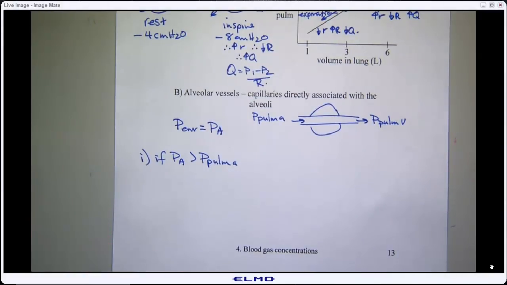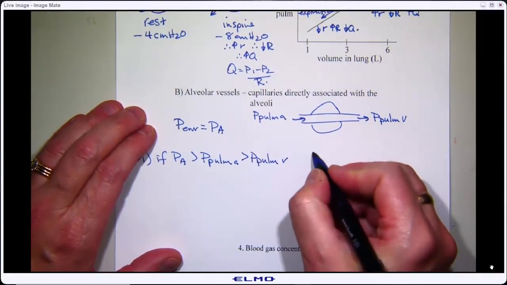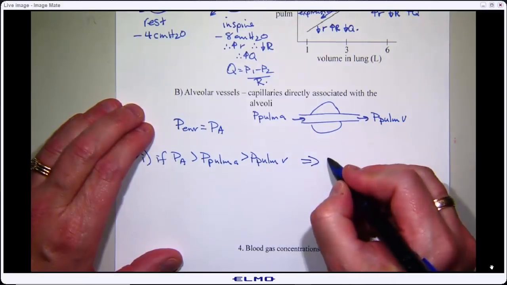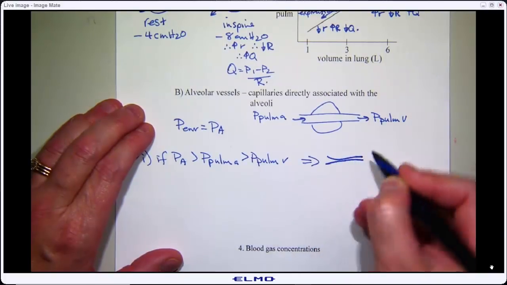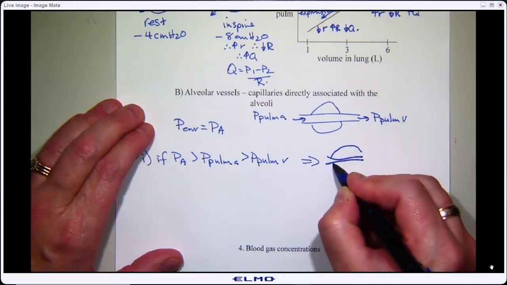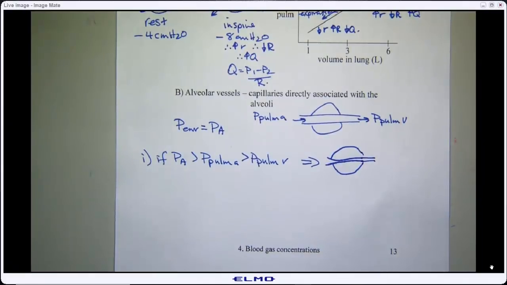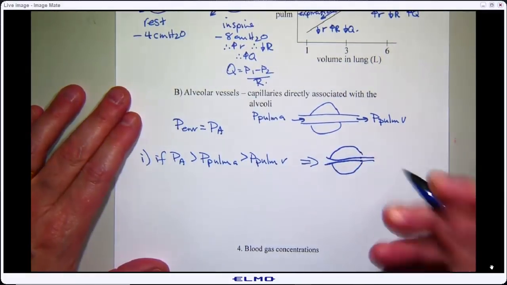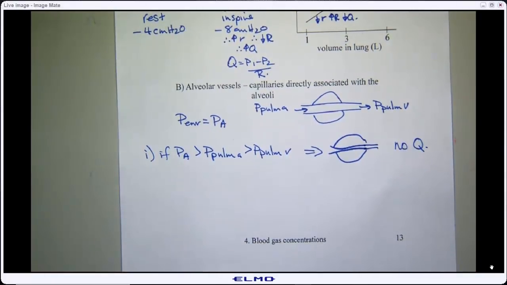Because we need to get flow. Then you're going to get a scenario, I'm going to draw this here, where I can actually collapse this thing, right? If pressure in that alveolus gets great, it will impinge and close down, to the point where it could actually close it. If I actually closed it, I'd get no flow.